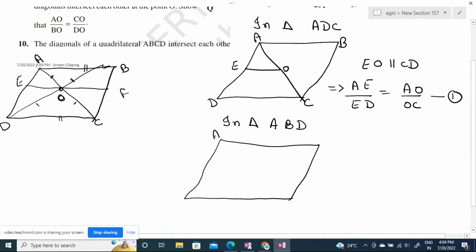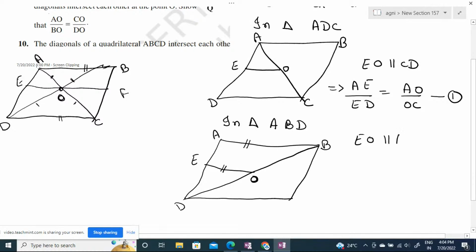That is A, B and D. This is the diagonal. This is the line E and O. And we take EO is parallel to AB.